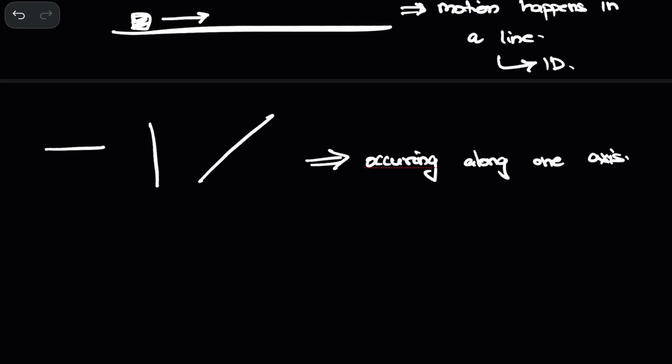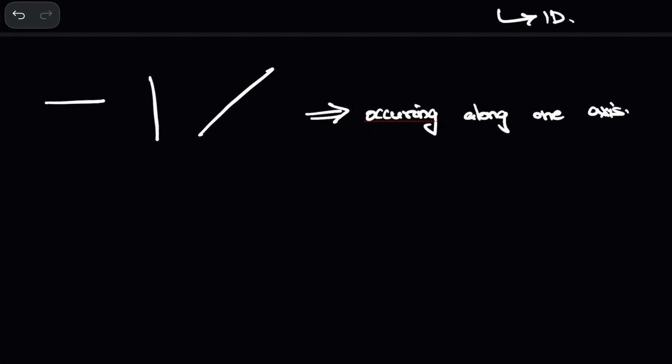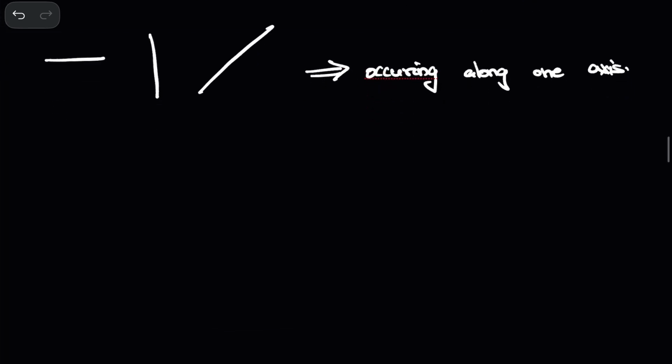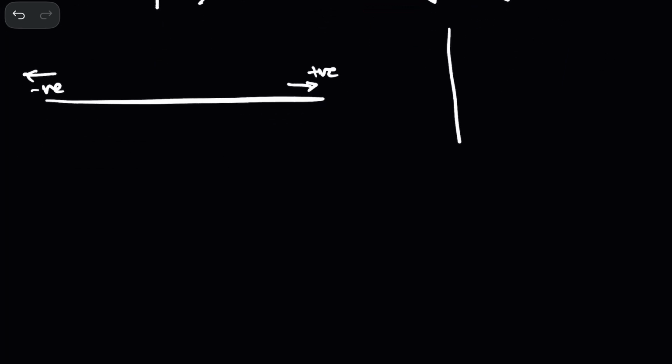Perfect. So this axis needs a positive direction. Let's take an example of horizontal motion. For horizontal motion, we may choose the right as positive. This could be positive, this could be negative. And for vertical motion, we may choose upward as positive, and downward as negative.